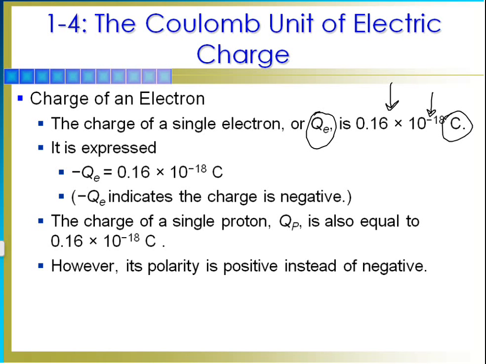Now that would actually be a negative Q of an electron, because of course electrons are negatively charged, whereas the charge of a proton is equal to the same value, but it's a positive Q because obviously protons are charged positively.